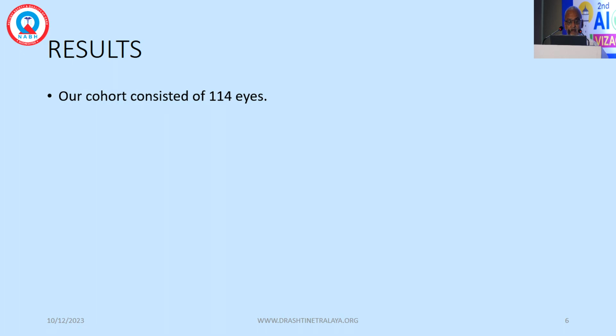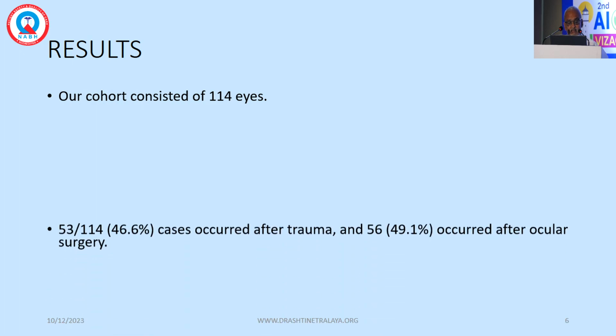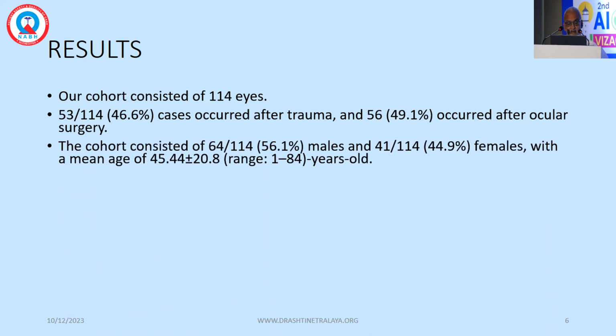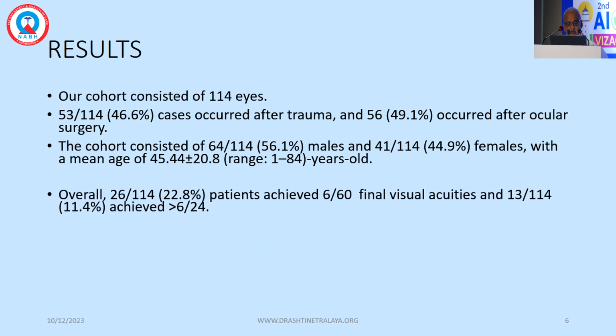We found our cohort consisted of 114 eyes, of which 46 were post-traumatic and 56 were following surgery. The cohort consisted of 56% male and 44% female, and mean age was 45.